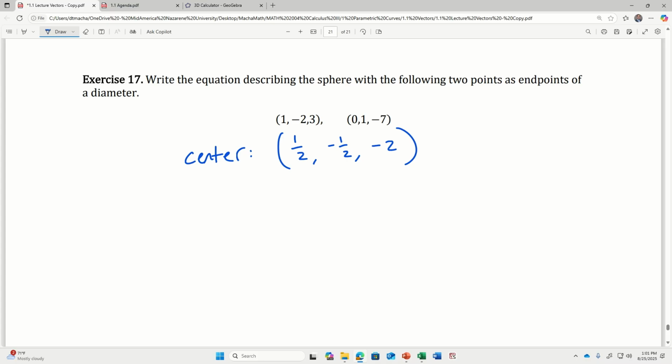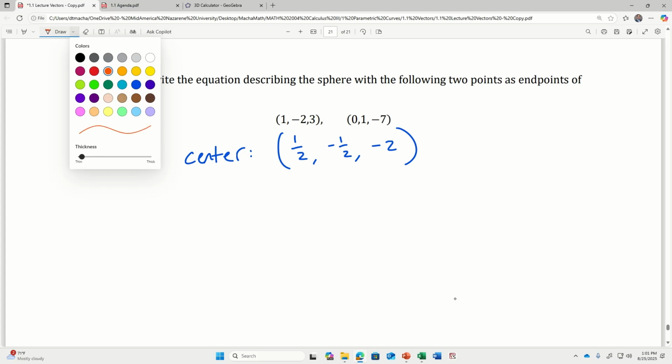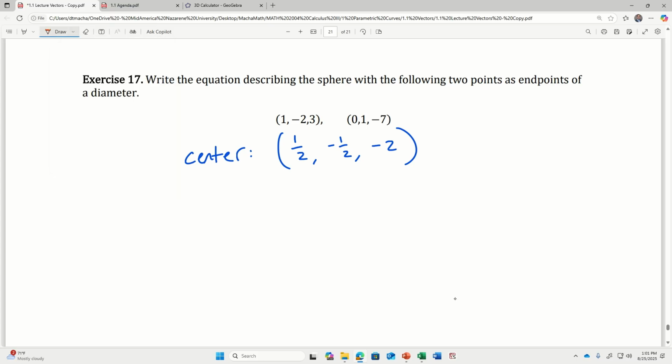How would I find what the radius is for my sphere? Use one of the points as your x, y, and z, and then the center is a, b, c, and then vice versa. And then put it into the equation itself.